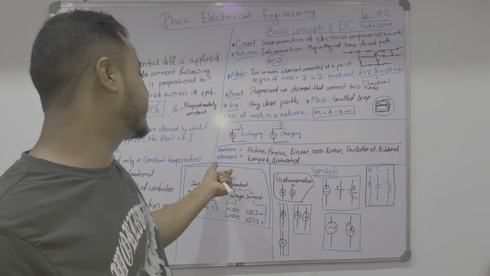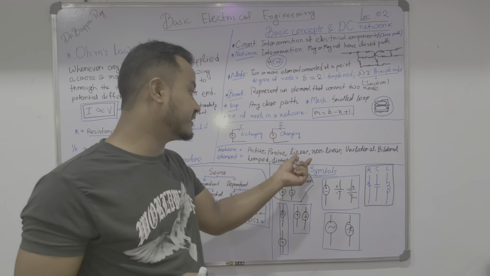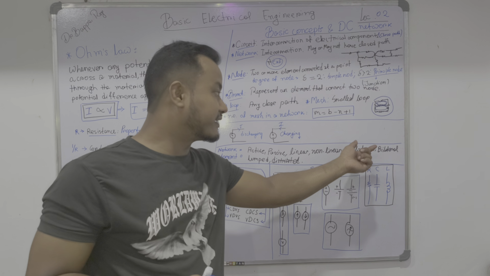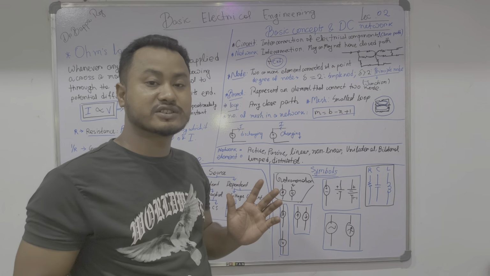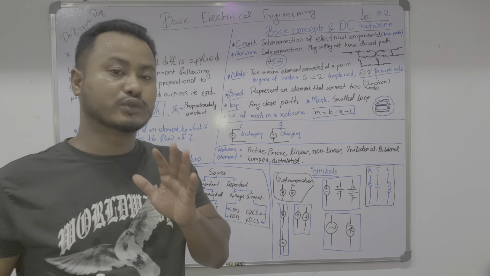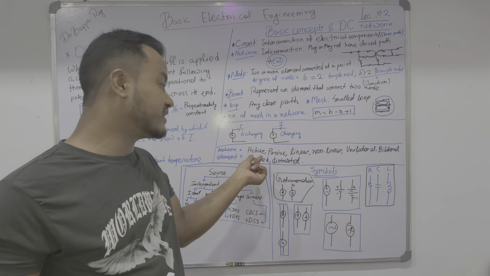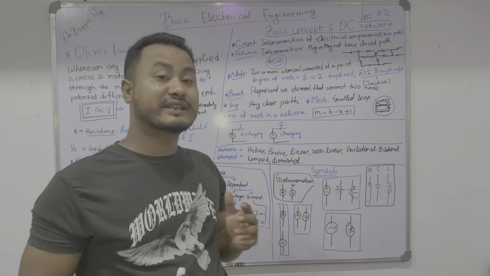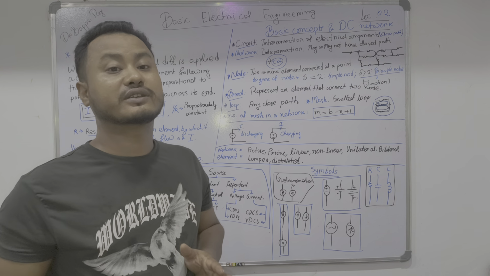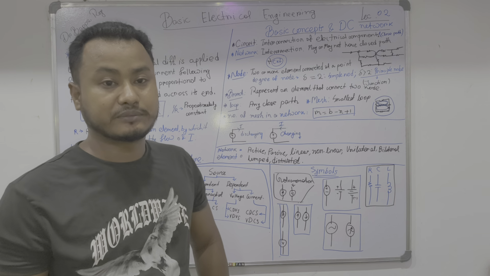Next, the network elements. We have many types of elements: active, passive, linear, non-linear, unilateral, bilateral, lumped, and distributed. These are the main network elements you need to know. First, active and passive elements. Active elements are those which can give supply for infinite time.